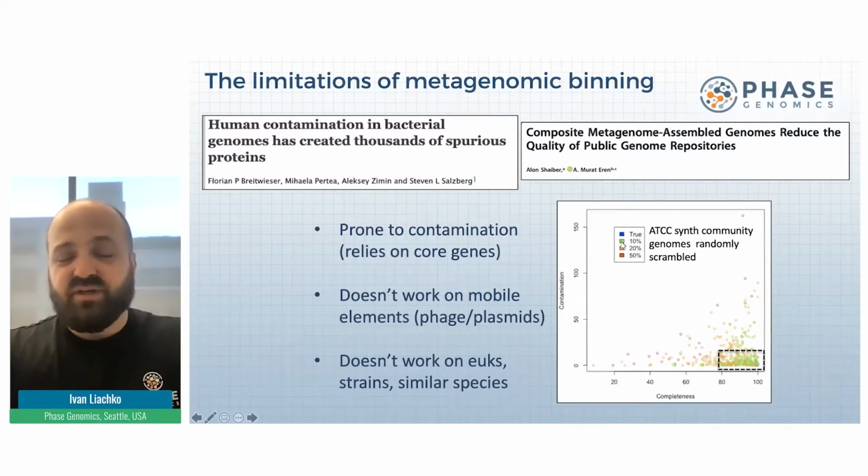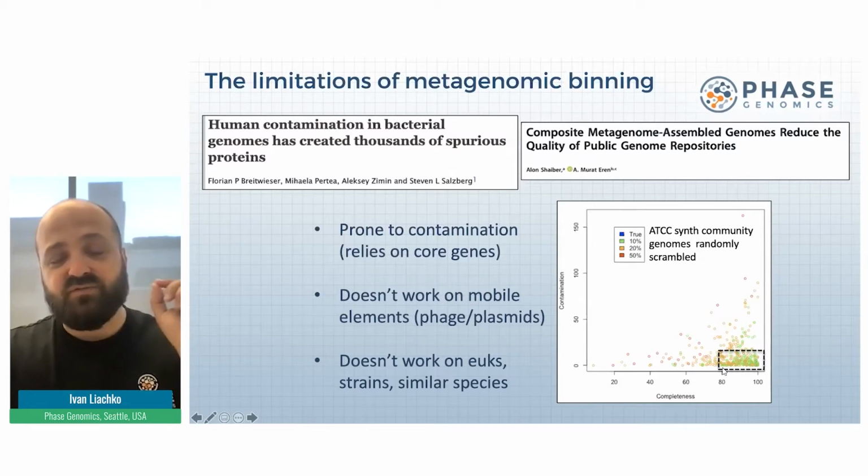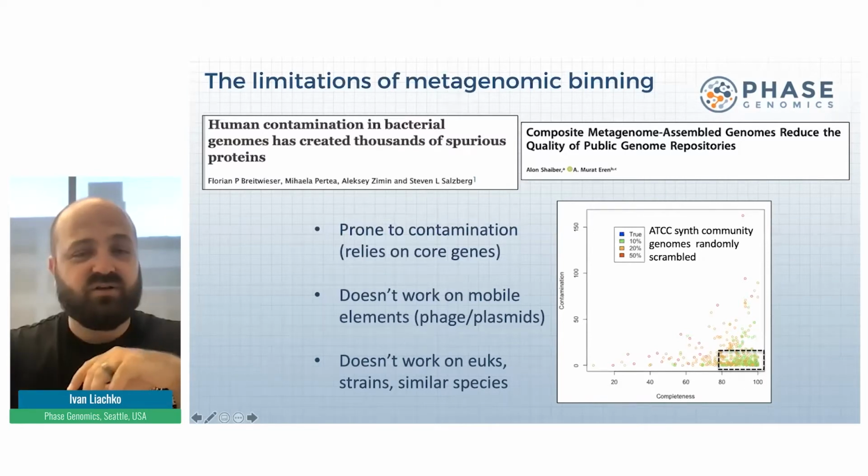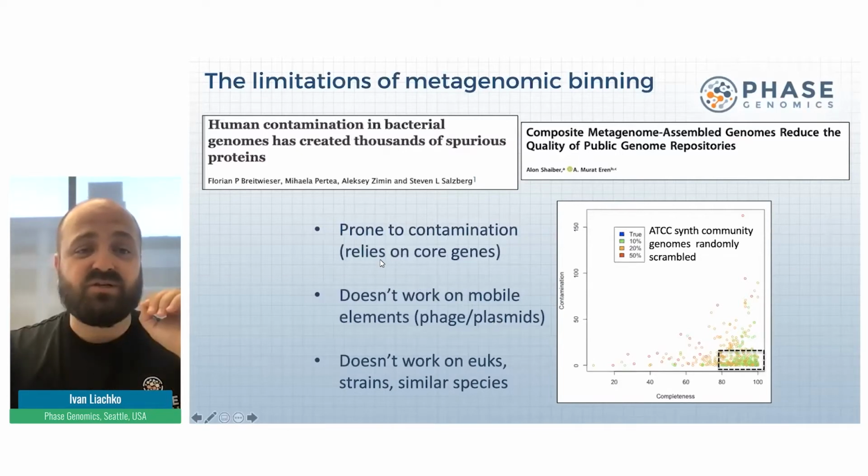You can do scrambling experiments on a synthetic community of known organisms, where 10% of the genome gets scrambled, 20% of the genome gets randomly scrambled. Then if you run CheckM, a software that looks at completeness and contamination of genomes, it still calls most of them high quality, even though we know that they're all jumbled up. So it's prone to contamination.